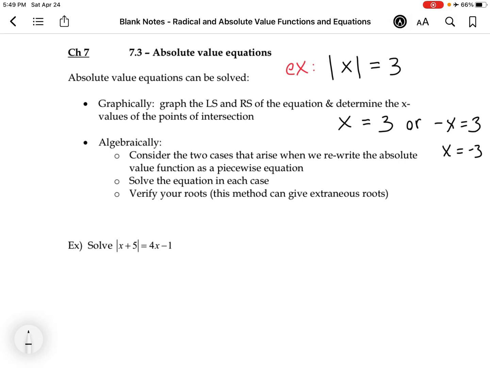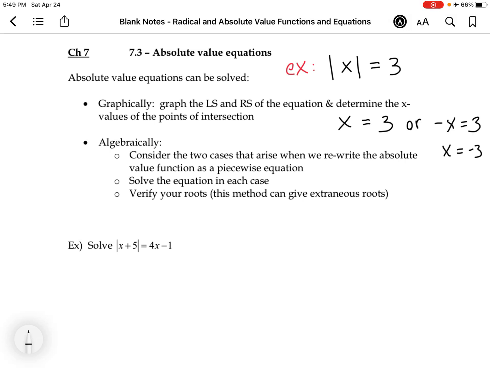And remember, this is kind of like the piecewise situation that we looked at yesterday with functions. If the function is negative, we put a negative sign in front of it so that negative makes a positive. Okay, and so when we're removing absolute value symbols, we have to look at the two cases. The first case is that the expression inside was already positive, and so it's just exactly what the expression is.